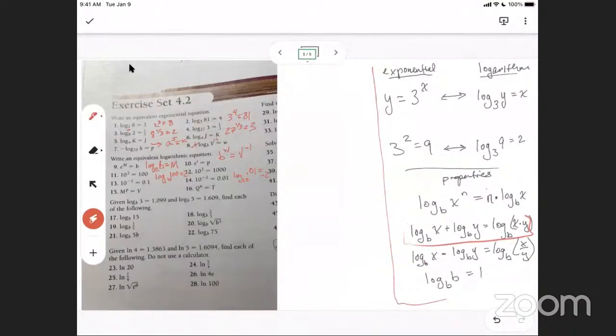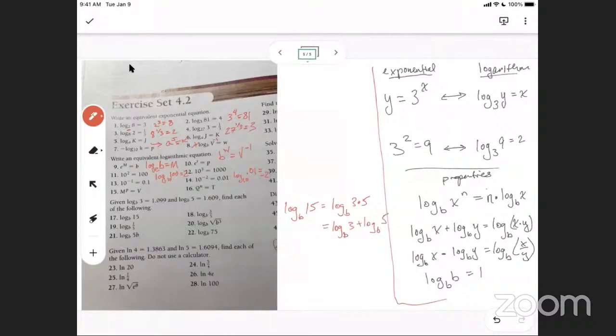So the log base b of 15 is the same as the log base b of 3 times 5. And what do we know about 3 times 5? It equals 15. But how can I rewrite this instead? I can break it up as a sum. So this equals the log base b of 3 plus the log base b of 5.